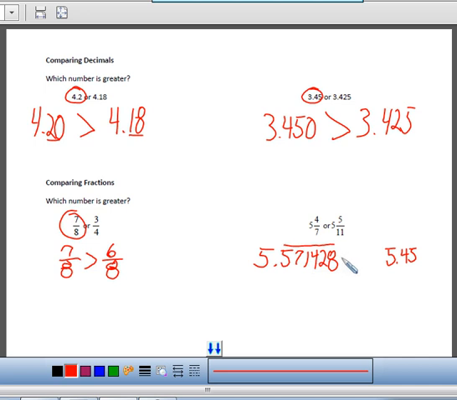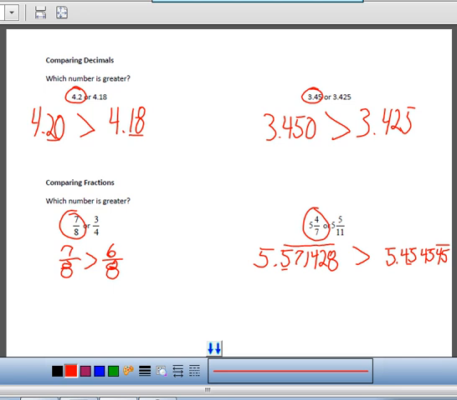So since this goes out 6 digits, we could carry this out 6 digits and put a line over the last 4 or 5. And then that way we can compare 571,428 with 454545. But obviously, since this number is greater than this number, this is the bigger one, 5 and 4/7.